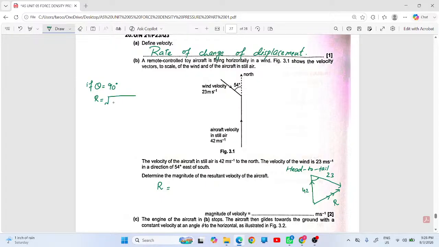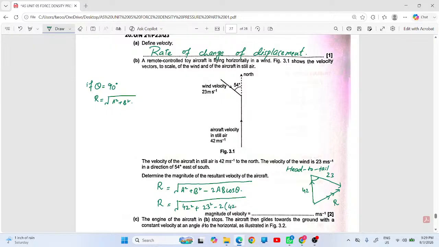You have to use a square plus b square. And if theta is not 90 degree, then you have to apply the cosine rule. In unit two I had you write this: a square plus b square minus 2ab cos theta. This is called cosine rule. So this equals the square root of a square, a is 42 square, plus b is 23 square, minus 2ab cos theta.